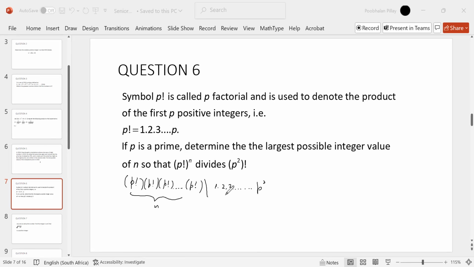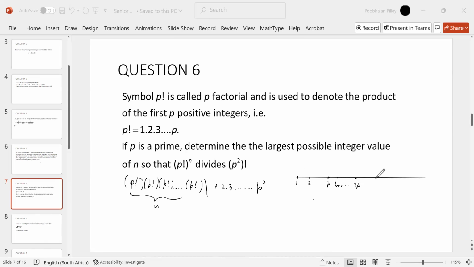So it gives us an idea: let's break this product up into groups of P. I'm going to put all these numbers on the number line, and write down all the numbers, 1, 2, all the way up to P. Now, that's a group of P. The next one will be P plus 1, going all the way up to 2P.